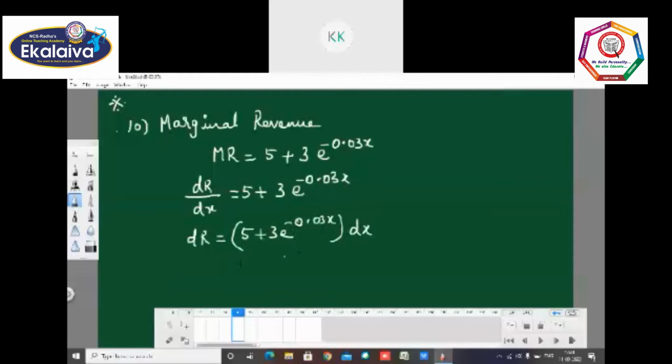Marginal cost is dc by dx; in the same way, marginal revenue is dr by dx, equal to 5 plus 3 e power minus 0.03x. So total dr equals 5 plus 3 e power minus 0.03x into dx.